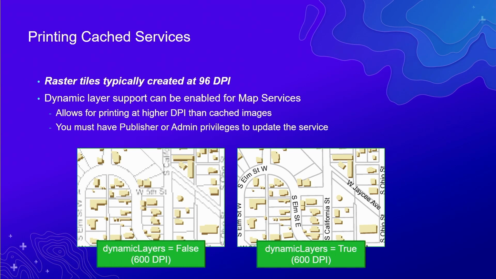Now, to enable dynamic layers, you must have publisher admin privileges to the service, but this is a nice hybrid between having raster tiles that draw quickly in the browser and having high quality prints using dynamic layers on the print service side.